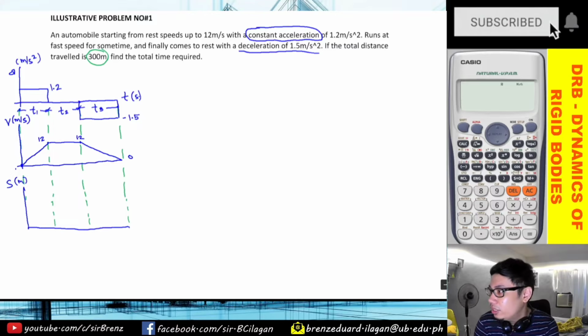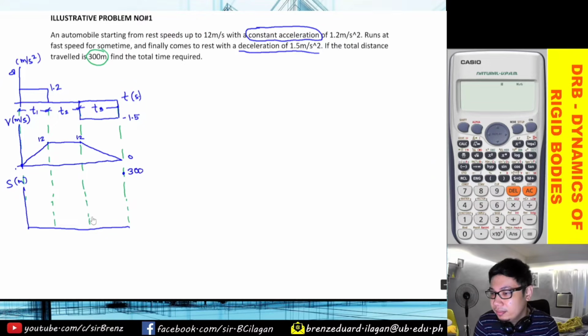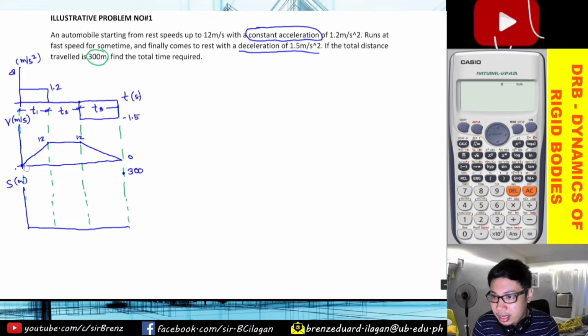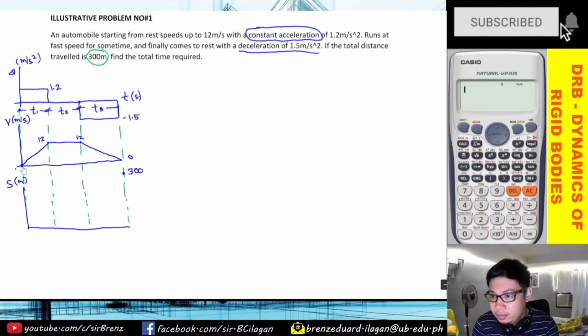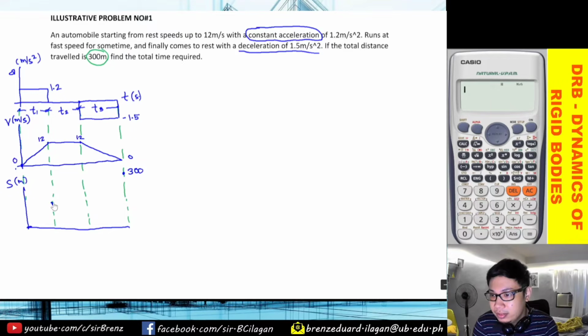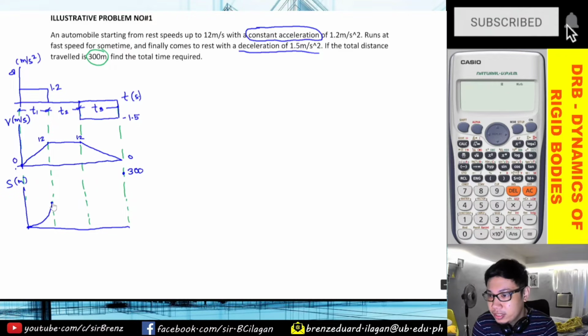So, at this point, dito sa dulo, sa time 3, ang value niya ng displacement dito is 300 meter. Again, based dun sa velocity graph, between these two values na 0 and 12, ito yung minimum, ito yung maximum value. Since ito is rectangular, magiging first degree curve siya.